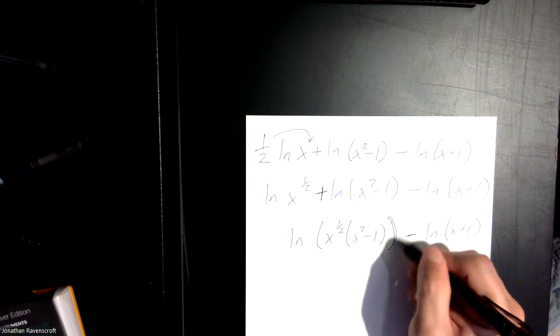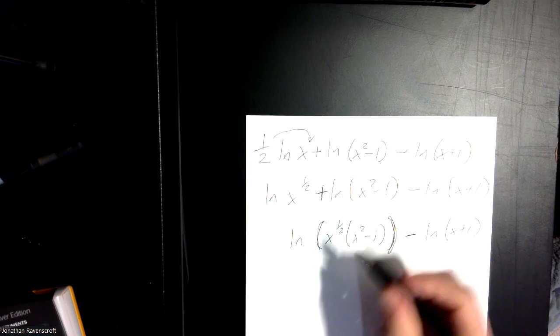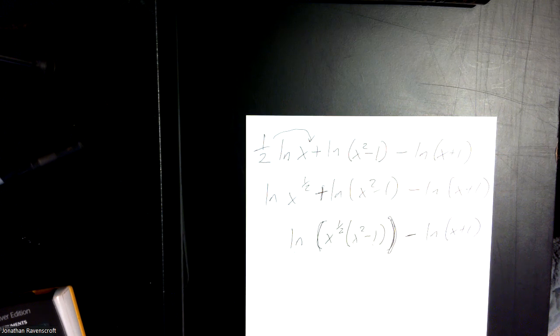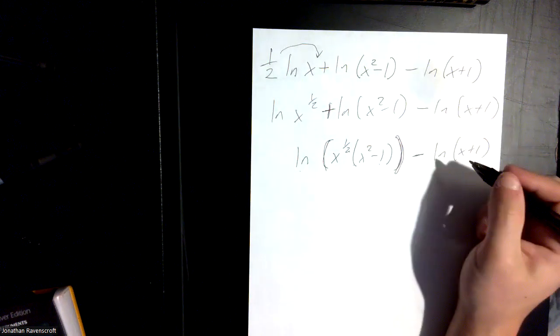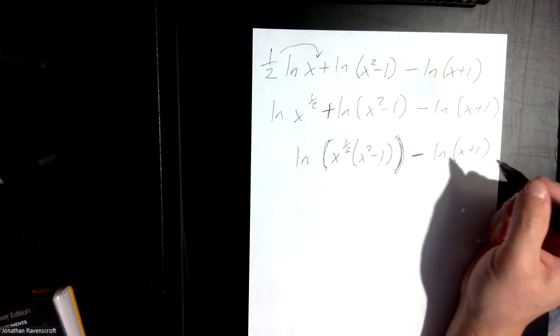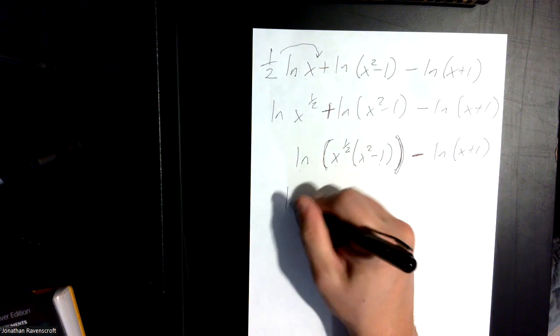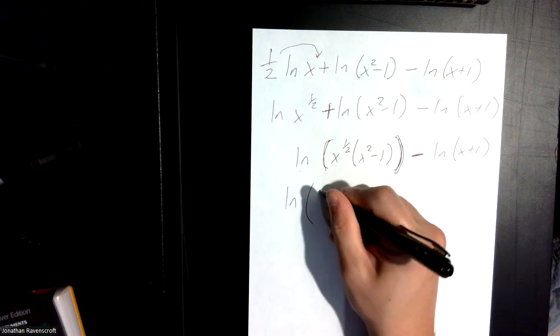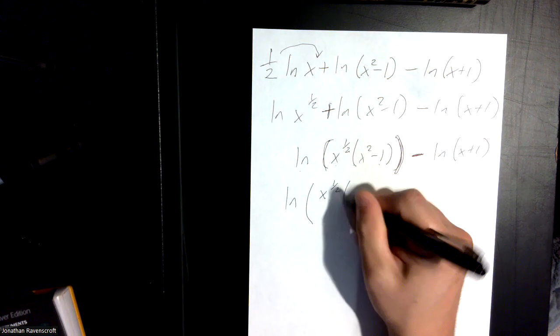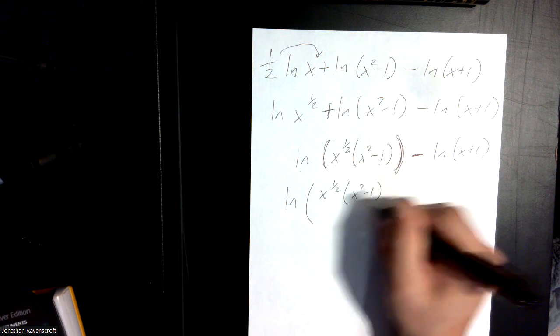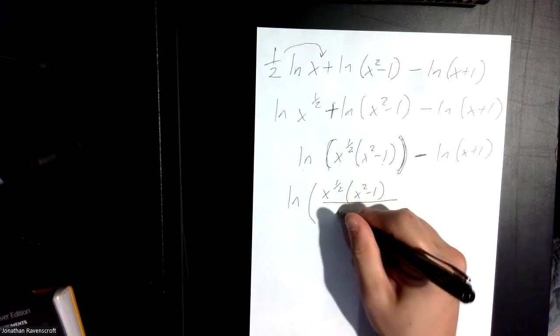Now these parentheses really aren't necessary here. I'm just showing that it's the natural log of this times this. Now that we have subtraction, turn that into division, the natural log of x to the 1/2 times x squared minus 1 divided by x plus 1.